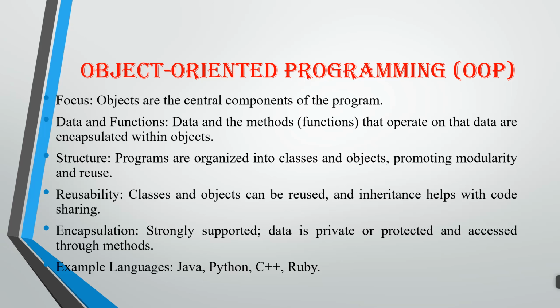And coming to reusability. Reusability is also one of the strong features of object-oriented programming, wherein you define classes and you define objects, which are the instances of the classes. These classes and these objects can be reused, they can be inherited. The concept of inheritance is also a classic example of reusability.